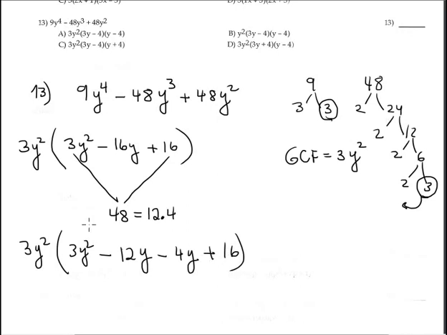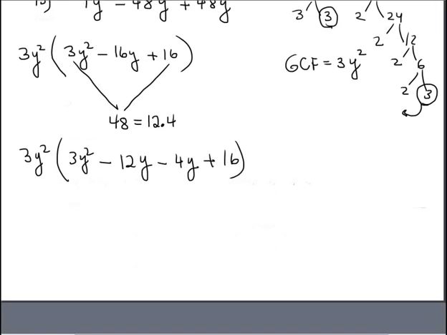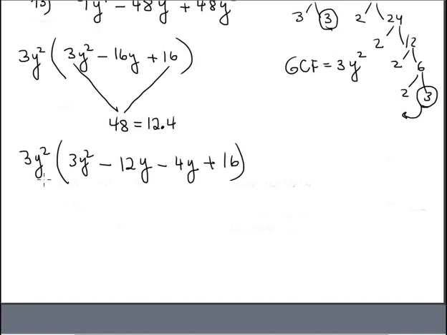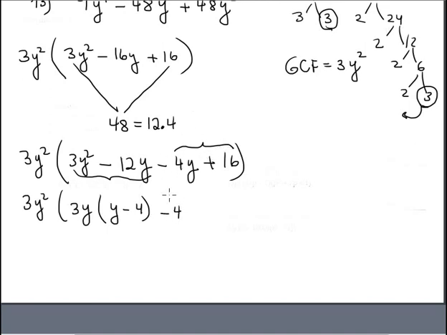Okay, now factorization by grouping. 3y squared. The greatest common factor in this case is 3y. We have y minus 4. And the greatest common factor in this case is minus 4. It's 4, but much better minus 4 out. But we have y minus 4. Again, y minus 4 is a common factor.